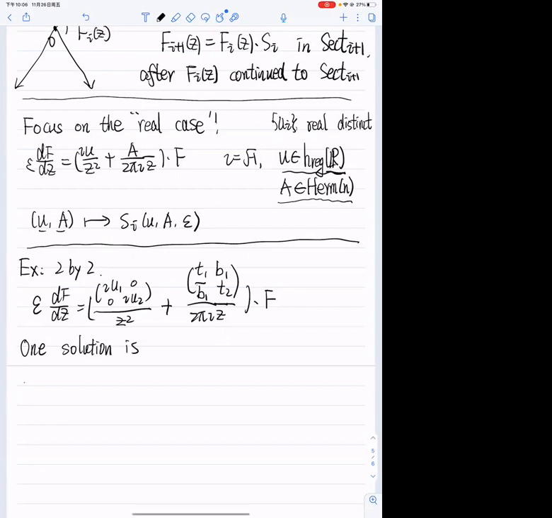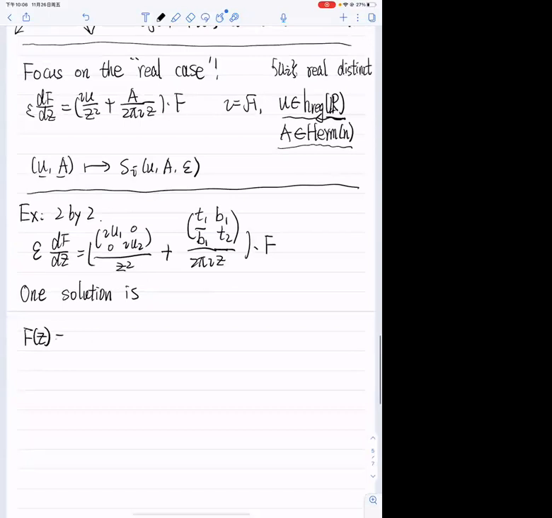One whole fundamental solution for this system takes the following form. This is a 2x2 matrix. I only write down two of its entries because it's a little too complicated. I just give you some feeling how the solution looks like and how it helps us to compute the Stokes matrix.